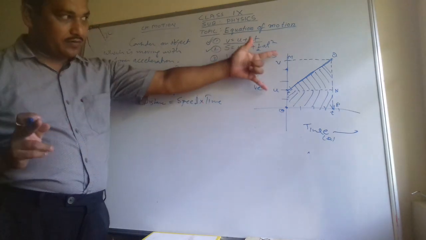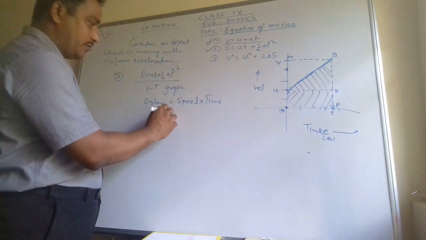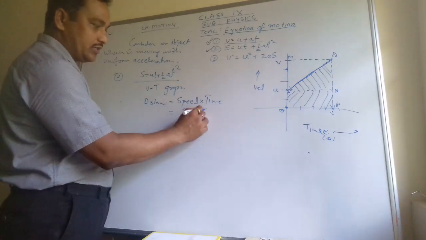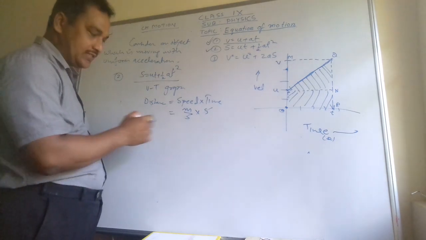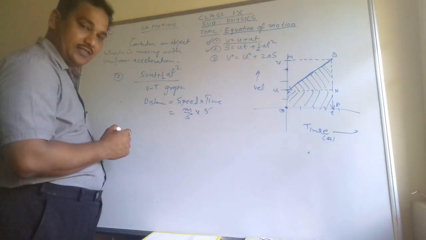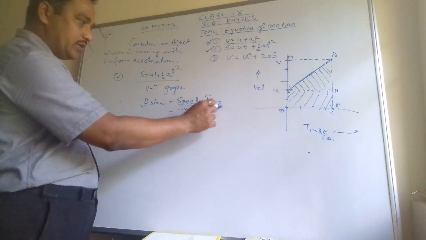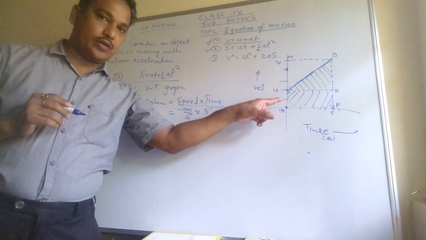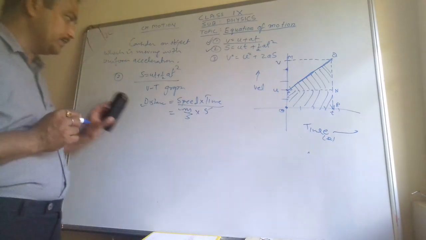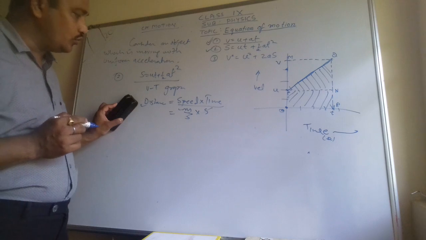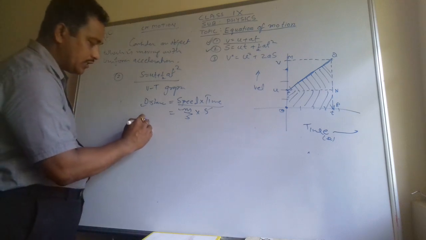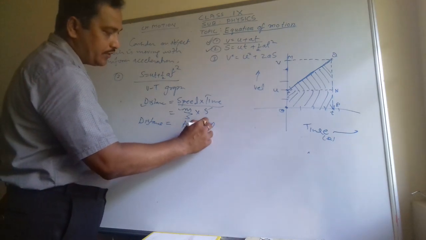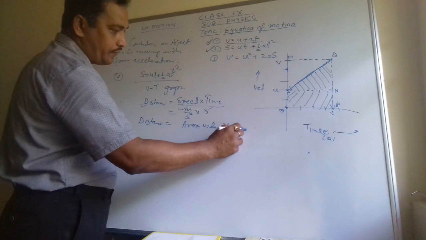So how much is the speed? When you multiply speed, and what is the unit here? Meter per second, and time has the unit second. So what did we get? Seconds get cancelled, and we got ultimately the distance. So distance is equal to speed into time. We can verify like this also. Okay, so let us apply this to calculate the distance in this case. So distance is equal to the area under the graph.